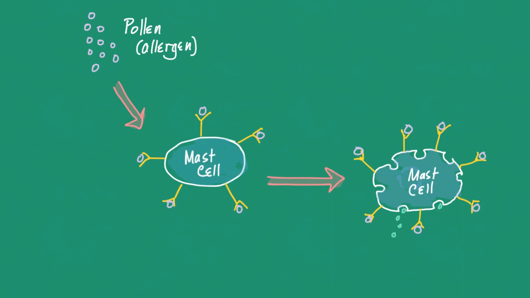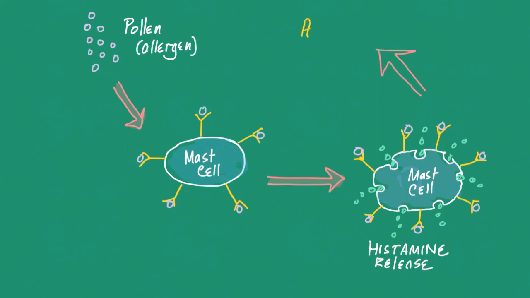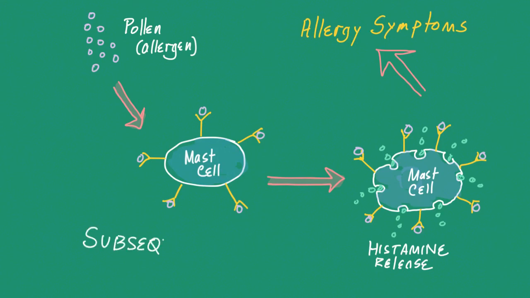So there's the exocytosis taking place in the mast cell, and the green dots that you see coming out are the histamine molecules. As you remember, histamine makes capillaries leaky and causes itching, which is not very different from allergy symptoms. So histamine is released, and it's the histamine that causes the allergy symptoms. And remember, we are dealing with a second or subsequent exposure to the same allergen.